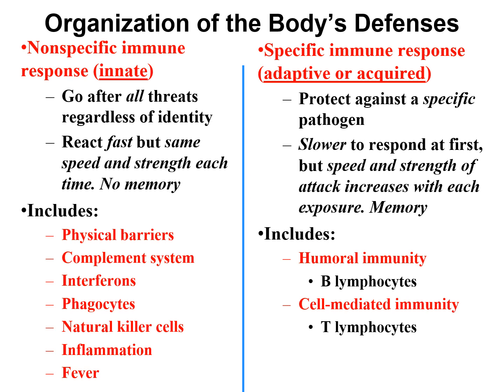So that first response is slow, you do get sick, but the second time you learn that, oh, that was awful, now I've got these memory cells, and now I'm going to react really fast and strongly and not get sick. So that's why it's also called the adaptive or acquired immunity, because you have to learn, you get that slow response at first and then the fast second response.